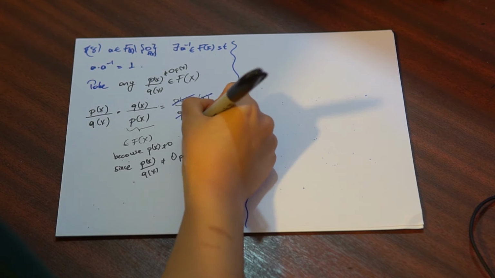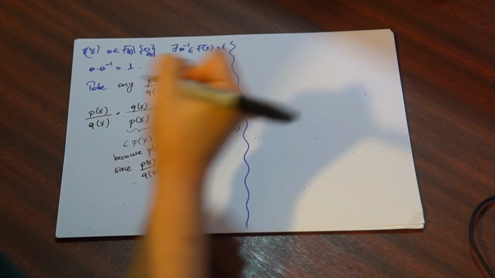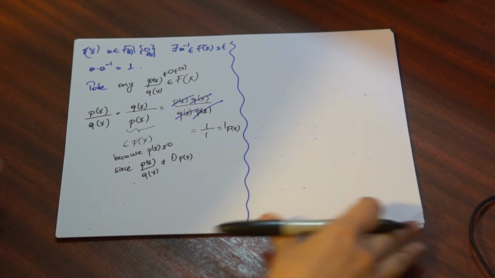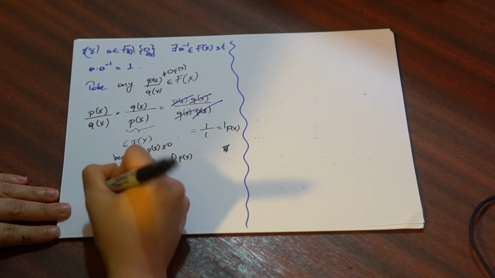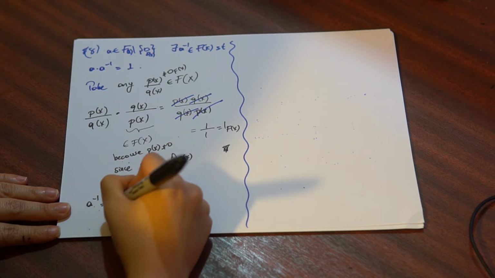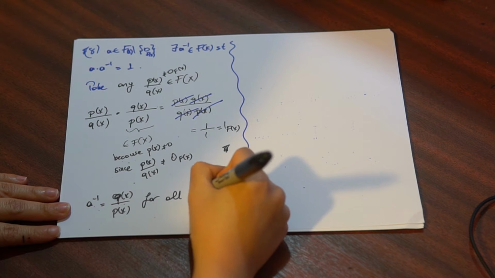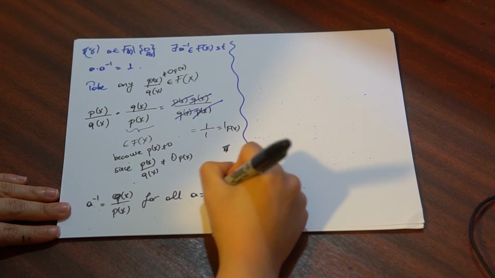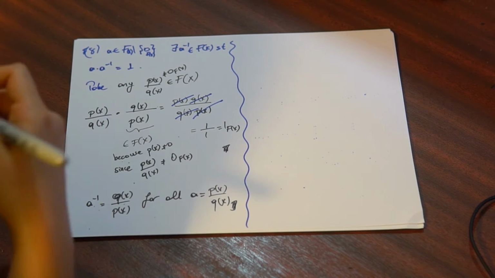So we have 1 over 1, which is equal to 1 of F(x). So a inverse is equal to q(x) over p(x) for all a equal to p(x) over q(x).